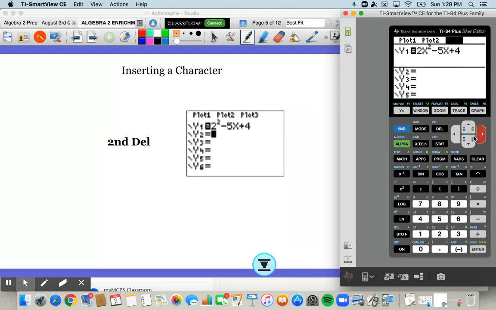Sometimes, if I wanted this to be 56, me typing a 6 there takes the x away. So then maybe I would want to push second insert x, and then I've got my x in there instead of having to retype everything. So that might be useful to you.